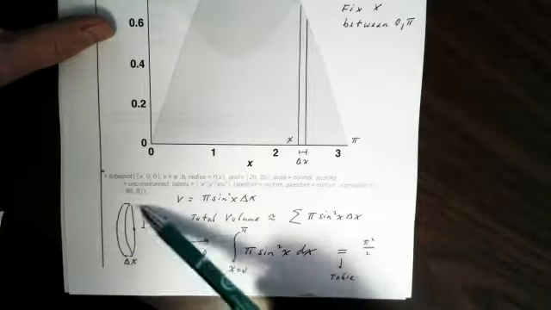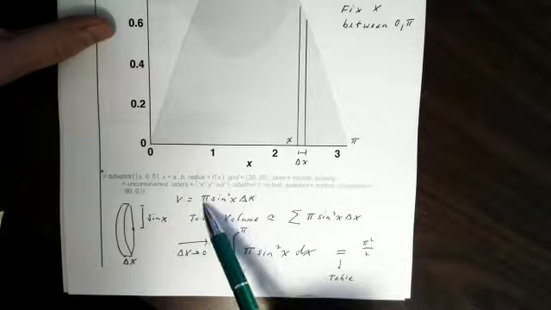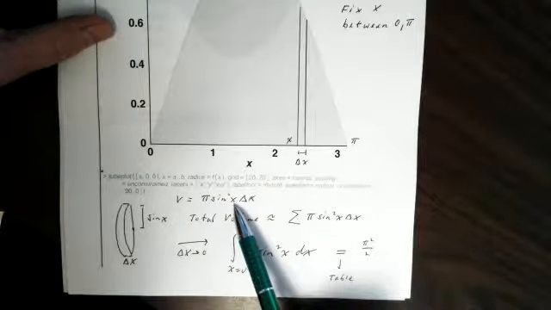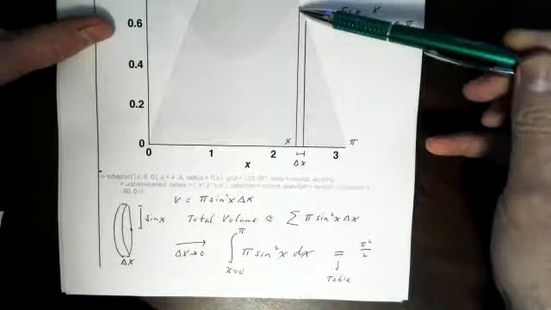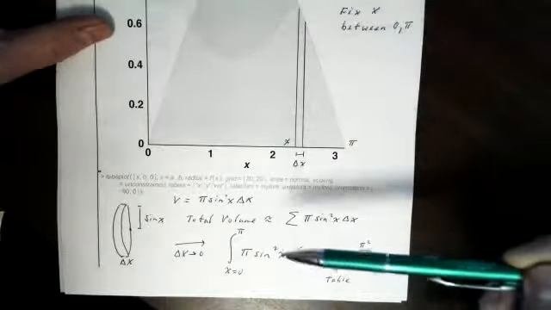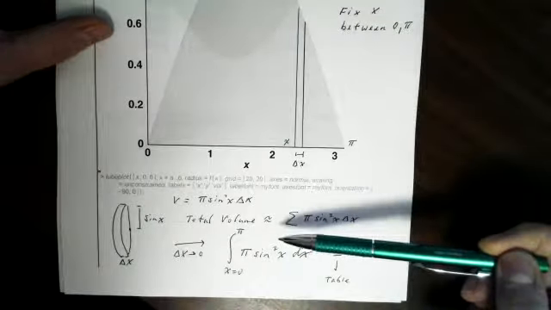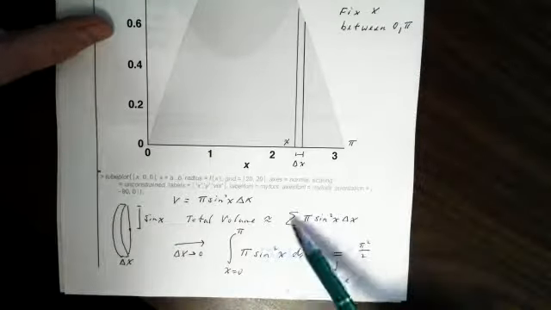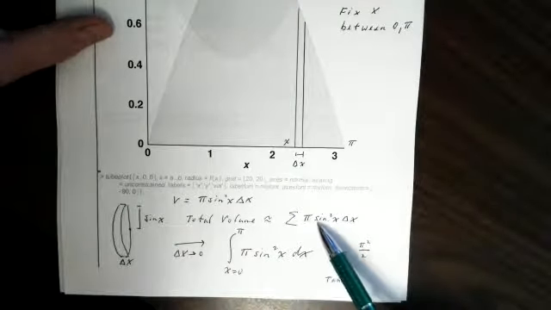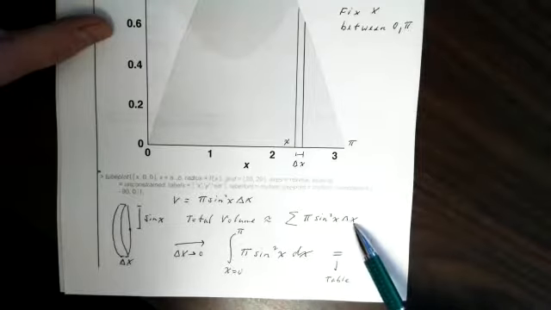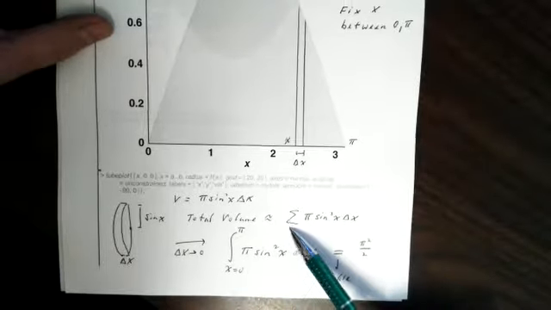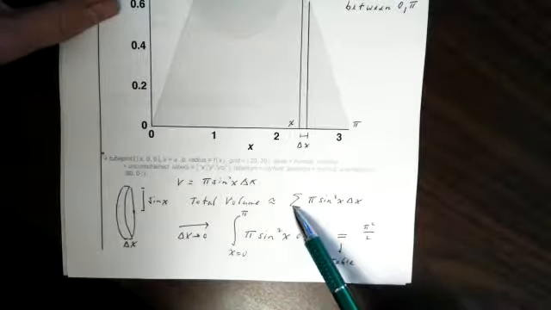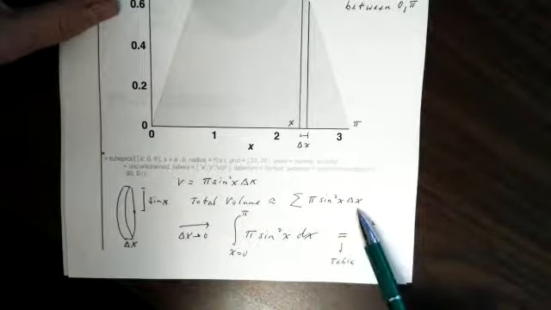If I compute the volume of this small cylinder, I get pi times the radius squared times delta x. So that's the volume of one of these little sections rotated around the x-axis. If we add them all together, we get a Riemann sum, pi sine squared of x delta x. I'm not going to put any indices here, I'm just going to use the summation sign, which stands for add up all the little cylinder volumes.